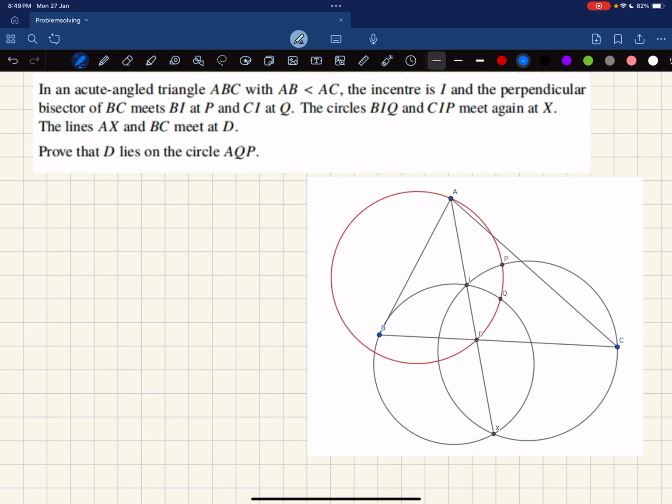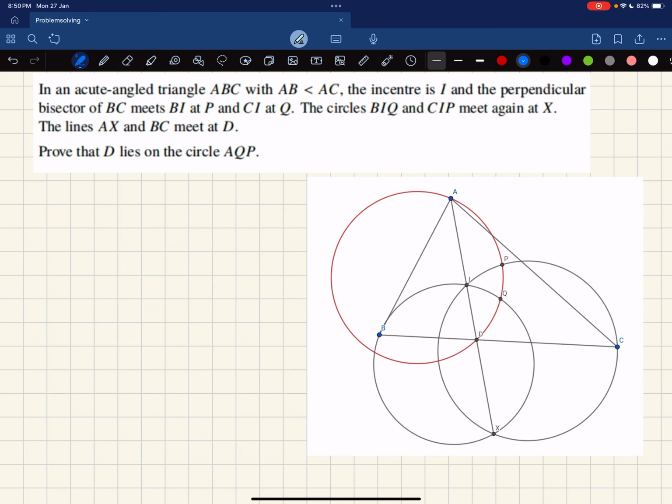Maybe X lies on the perpendicular bisector of BC, which means P, Q and X are collinear, right? And also, according to the diagram, or actually you might not find that, but it is true, X lies on the angular bisector of angle BAC. So we have to prove that X lies on the perpendicular bisector of BC and also lies on the angular bisector of angle BAC.